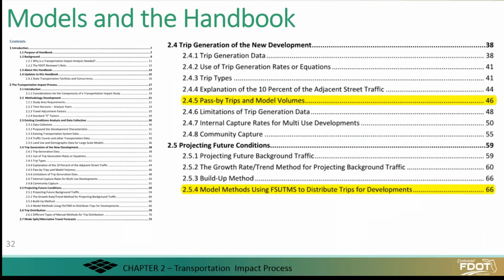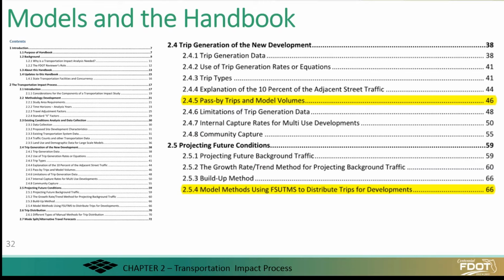The Transportation Site Impact Handbook makes references to the use of models throughout Chapter 2, in particular in Section 2.4 under trip generation, and under Section 2.5 discussing the projecting of future conditions.